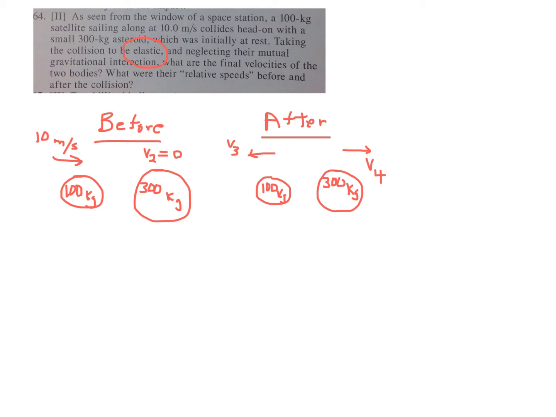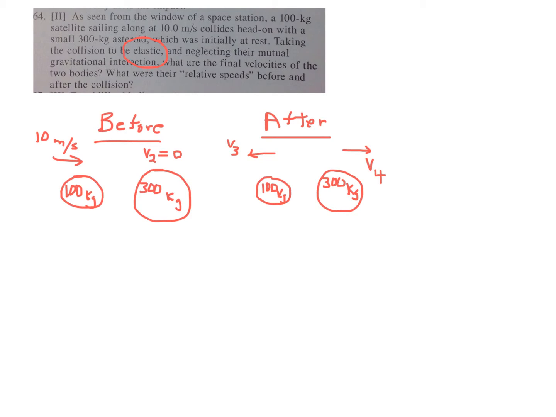So I have this spelled out like we normally would do a momentum problem, conservation of momentum. We have before the collision, just immediately before the impact, and then after the collision, immediately after the impact. I've shown you the two objects in both cases, and then I've labeled the velocities. The first v sub 1 is 10 meters per second. That's the velocity of the little satellite going to the right.